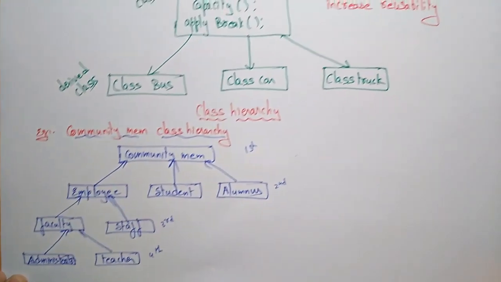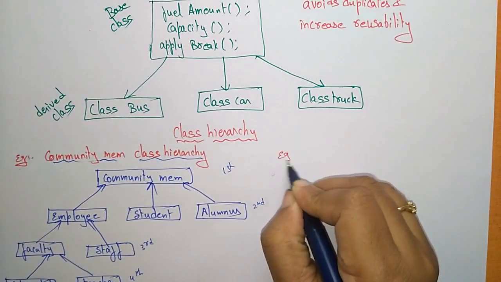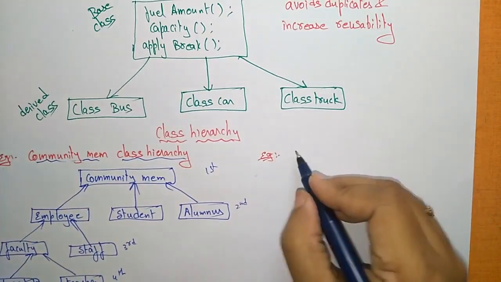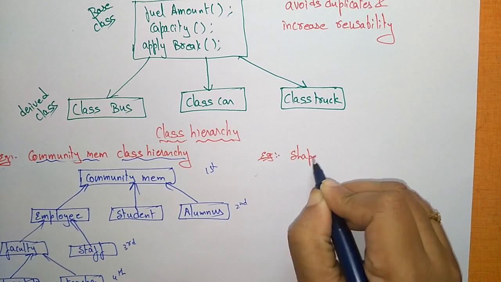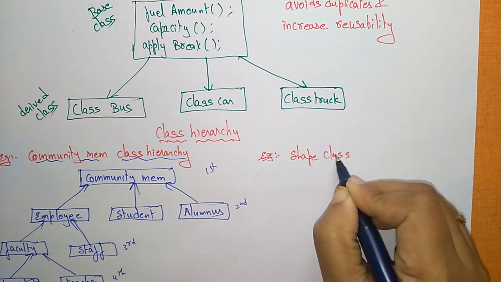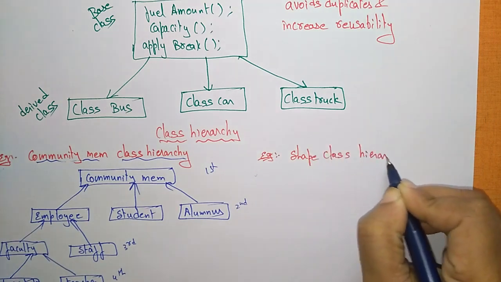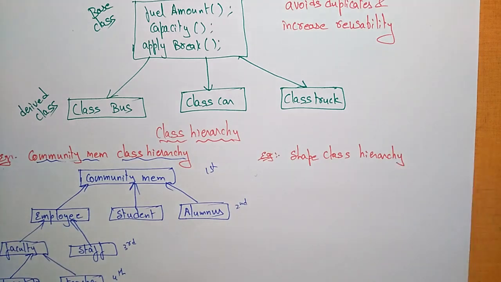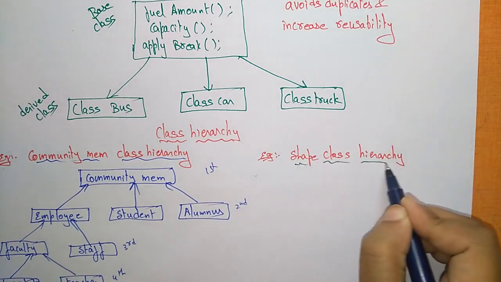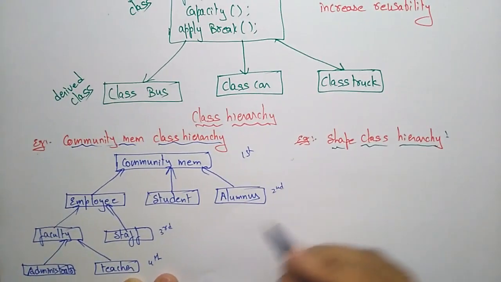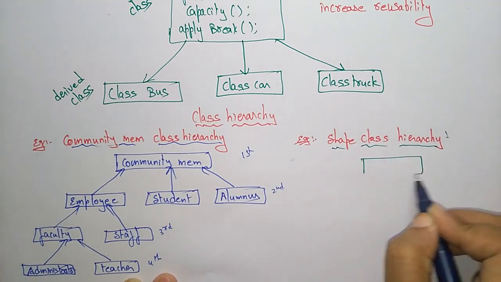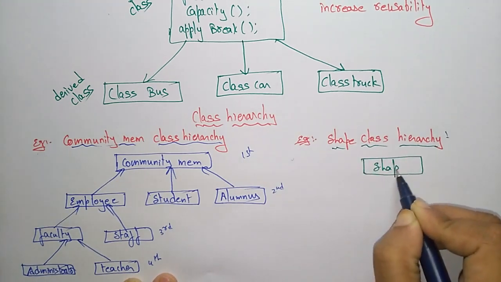So let us see another example. Suppose you take the shape class hierarchy. First, the base class should be shape.